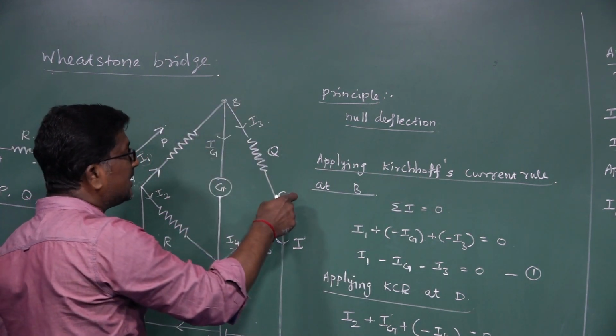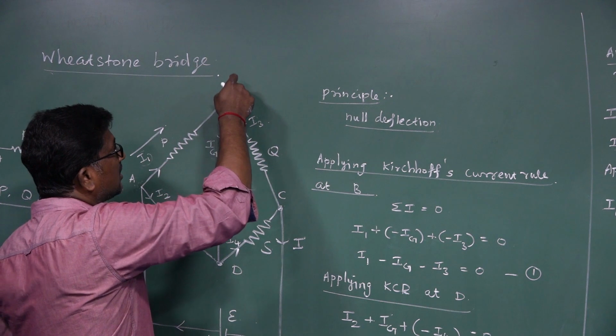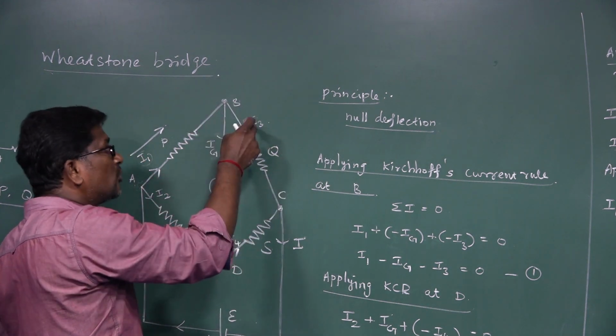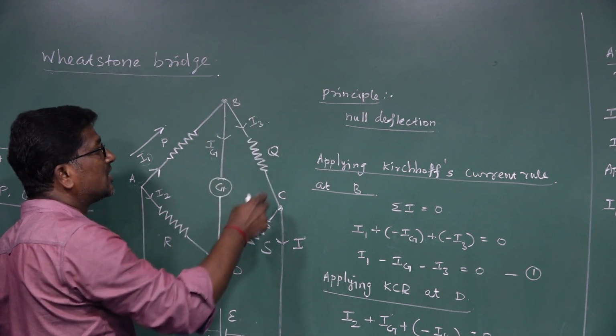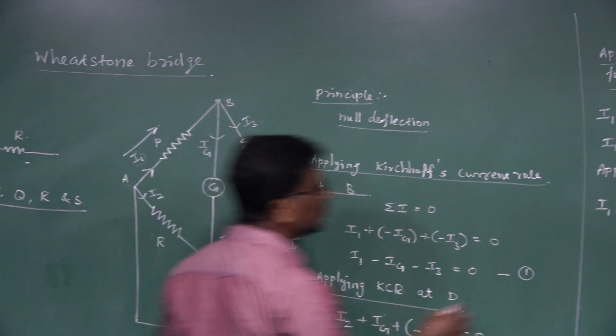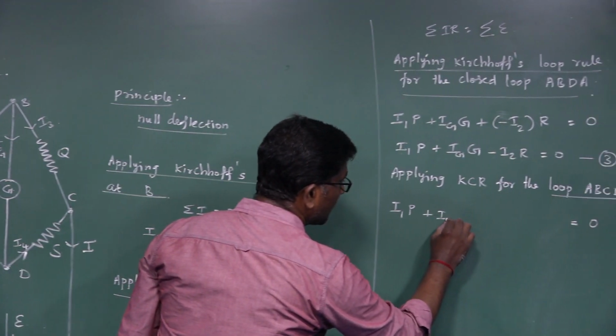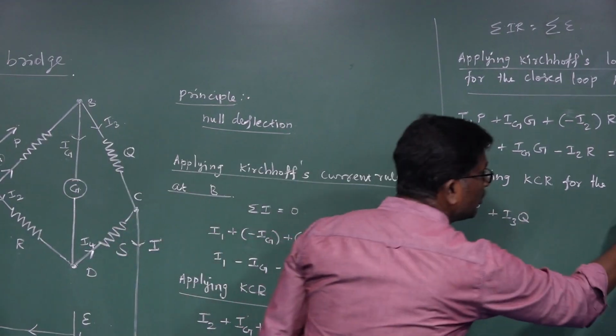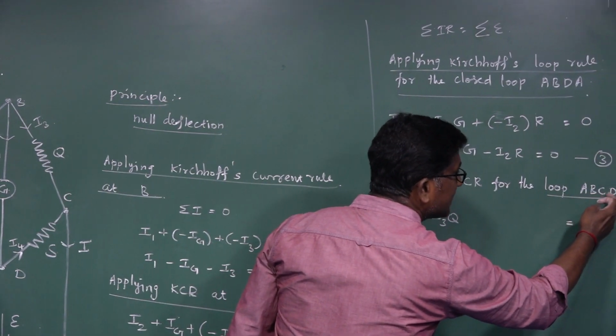Next B to C. In the path B to C, the assumed direction is B to C and the actual direction of current I3 is also B to C. So I3 is taken as positive. So product I3 into Q, right, plus I3 into Q.